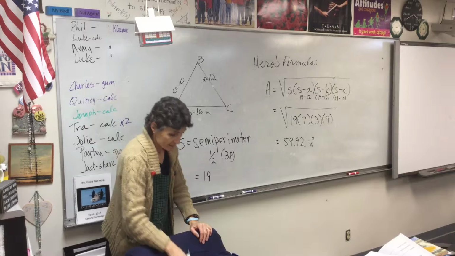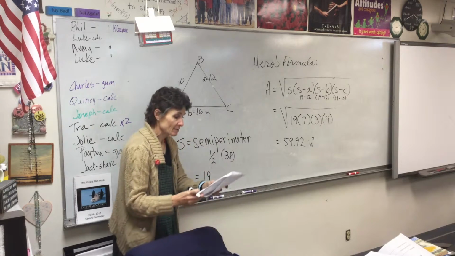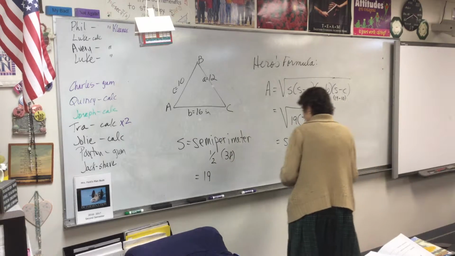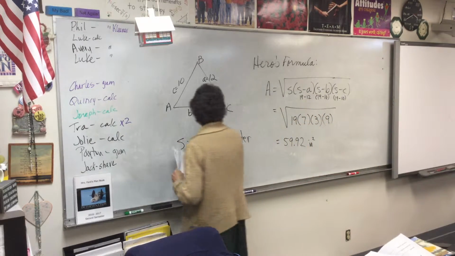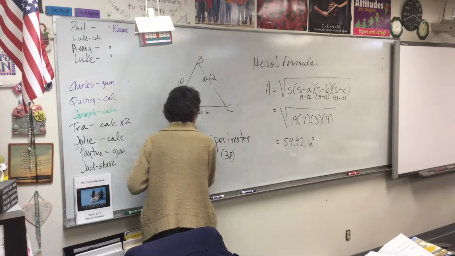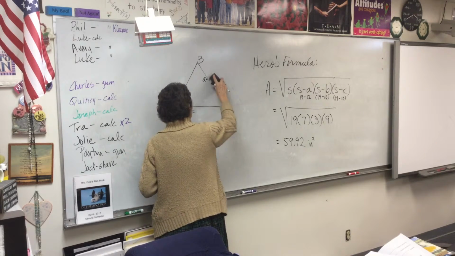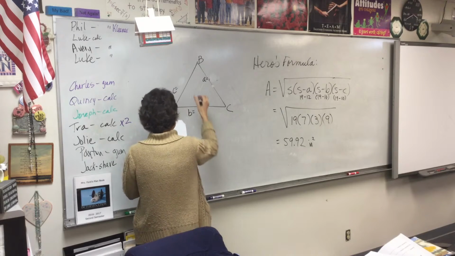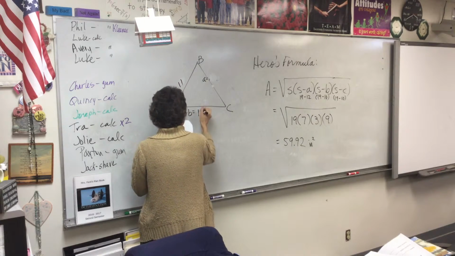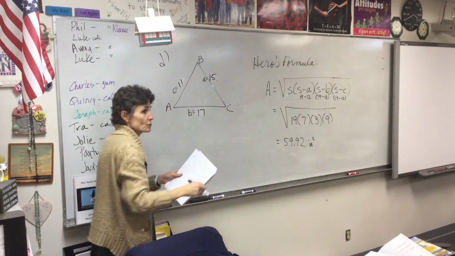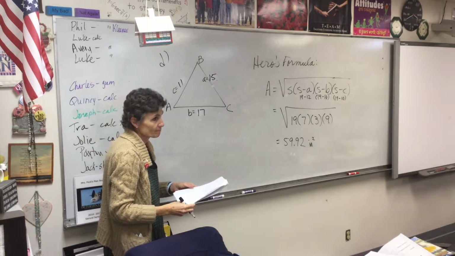Wow, pretty easy. Let's go down to D. Problem D is the same thing. Can you find the area of problem D? Well, those sides are 11, 17, and 15. I know my letters don't match, but it really doesn't matter.